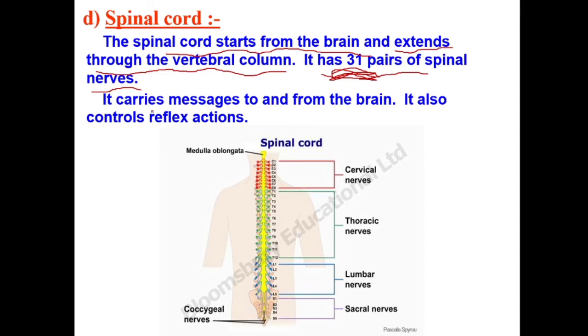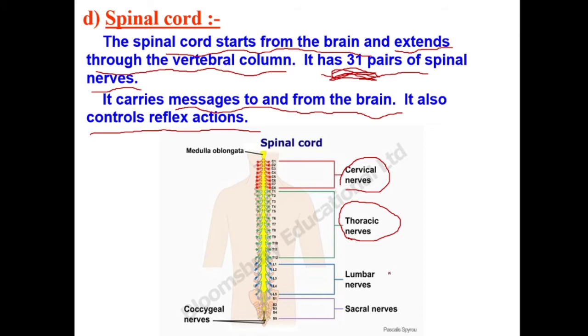It carries messages to the brain and from the brain, and also controls reflex action of the lower body. Lower body means I am not talking about the head, I am talking about the part which is below your head. Also, you don't need to remember this, but the first 8 nerves are called cervical nerves. After that the 12 nerves are called thoracic nerves.